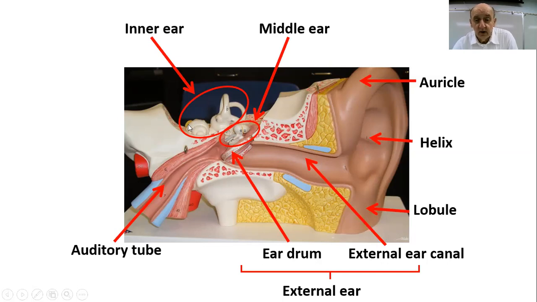The receptors are in the inner ear, and the inner ear is totally buried inside a skull bone, the temporal bone. So it takes quite a bit of effort to move pressure waves from the external ear all the way to the inner ear. Let's take a look at the structures that transmit pressure waves.